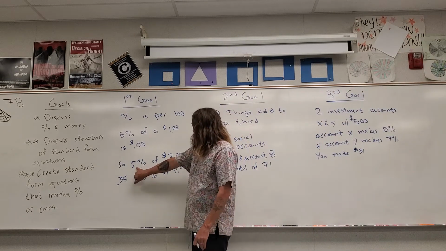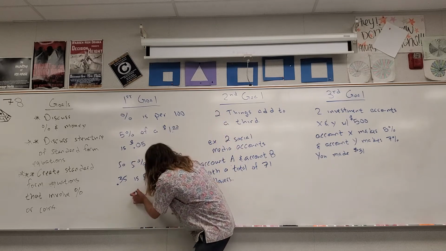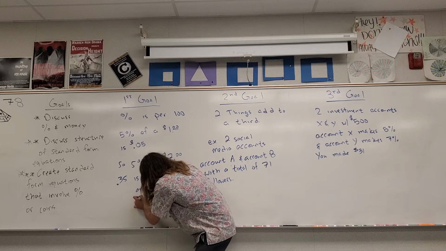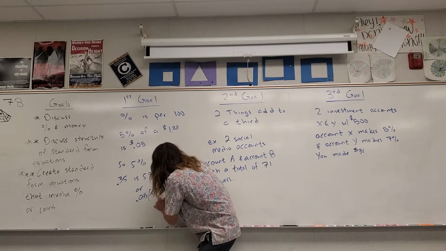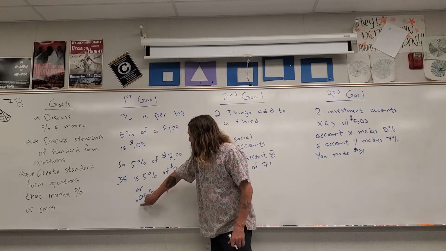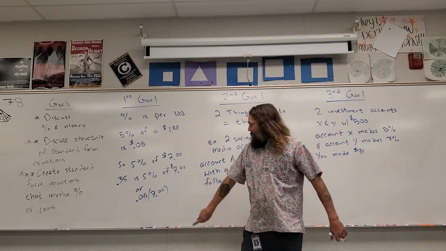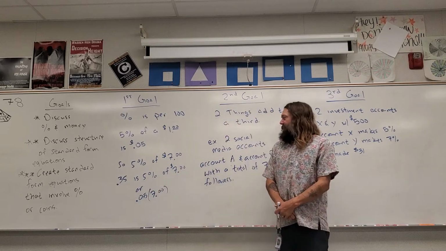Instead of 5%, I could have said 0.05, and I could have multiplied that by $7. And if you multiply that, you're going to get 35, but then you need to move the decimal place 2 places because this is 2 places to the left, and you would get 35 cents.